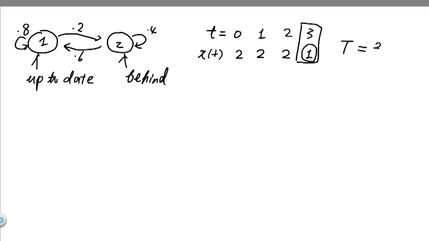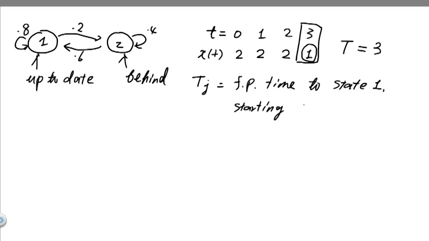We'll say that the first passage time, namely the first time we enter state 1, in this case, is equal to 3. More formally, we'll define Tj as the first passage time to state 1, conditional on that we start from state j at time 0.